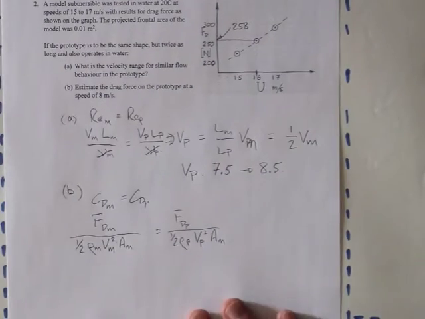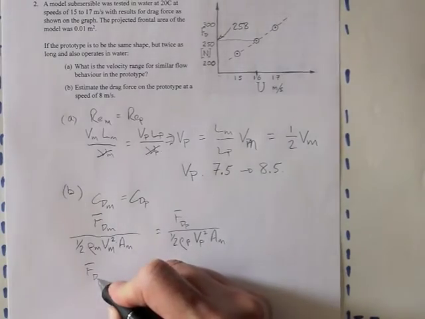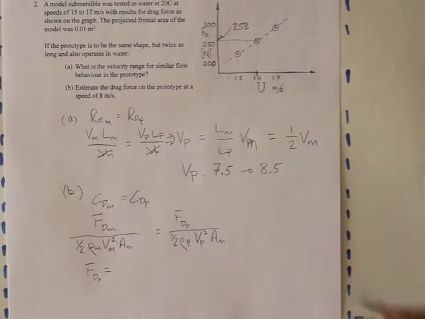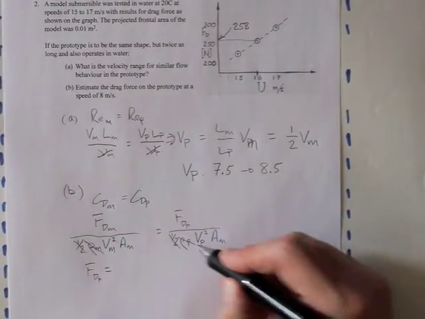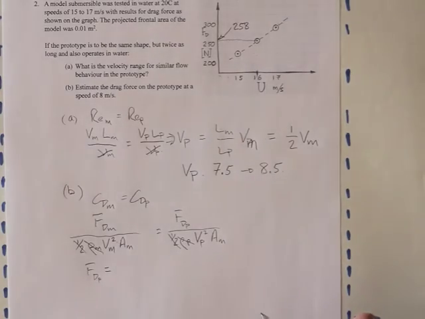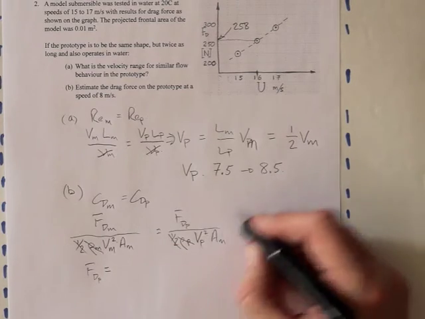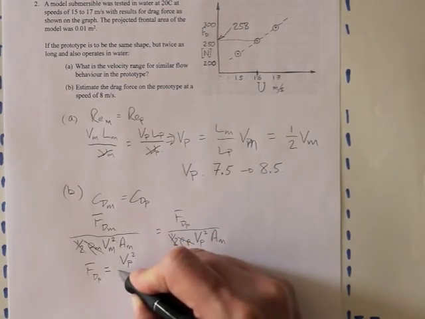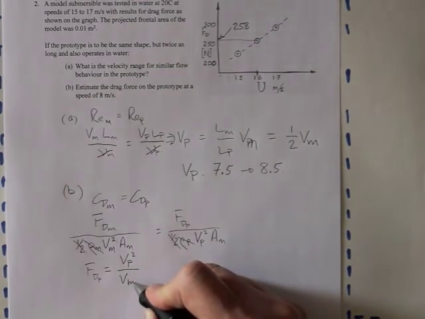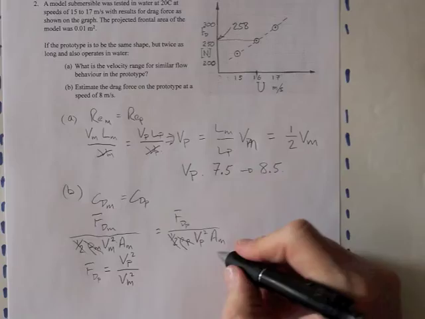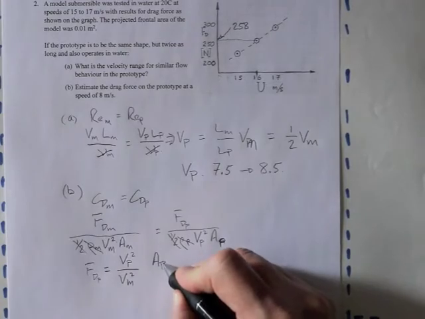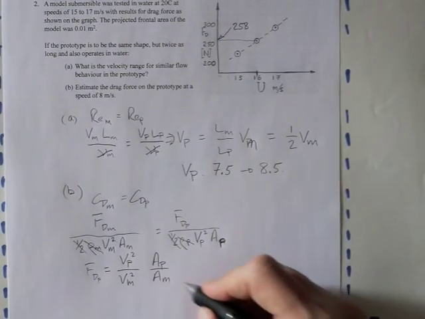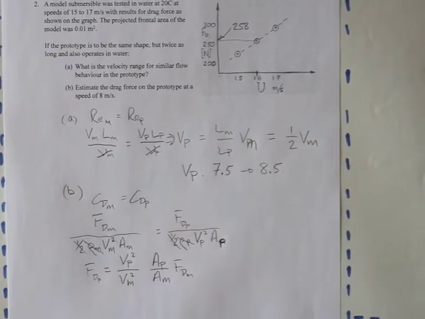So we wind up with force of drag on the prototype equal to, well, the halves will cancel out, the model densities and the prototype density will cancel out, and we wind up with V prototype squared over V model squared, and whoops, that should be area of the prototype on this side, and area of the prototype over area of the model times FD for the model.